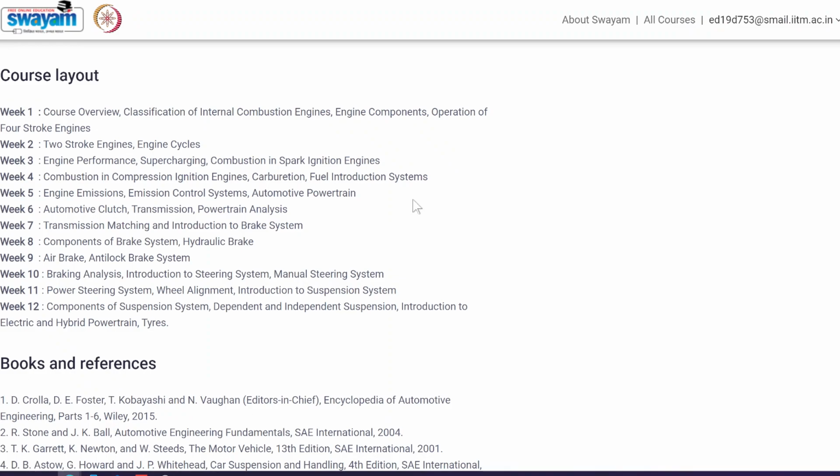So today we discussed transmission matching, and I think we are set for week 7 in terms of problems. The next set of components we are covering in weeks 7, 8, 9 and even 10 is brakes.